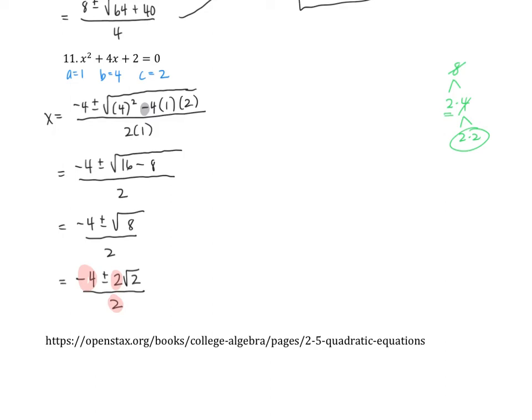Then I will have -2, 1, 1. Since the denominator is 1, I don't have to write it as a fraction. So I'll end up with -2 plus or minus the square root of 2, and those are my two solutions.